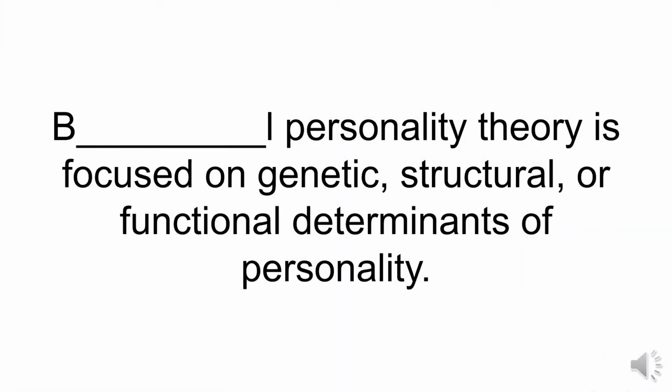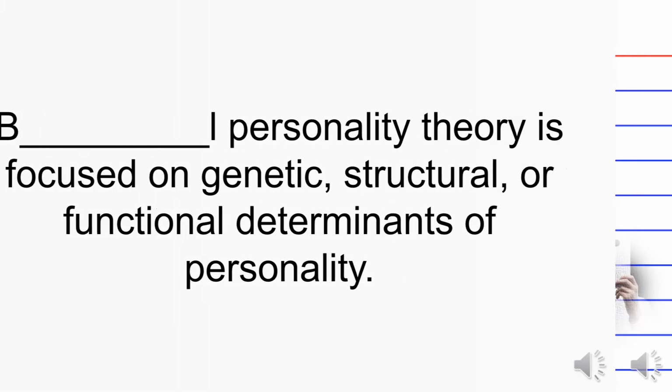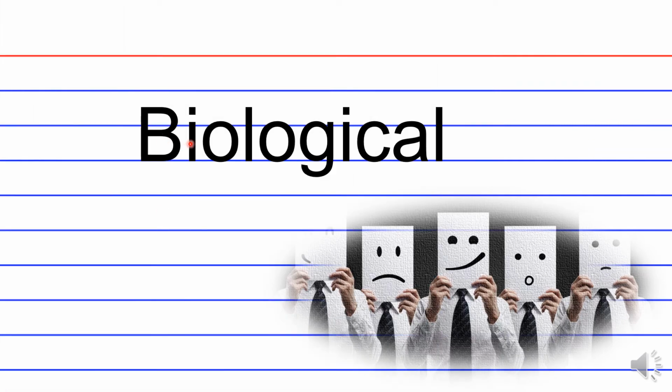B/L personality theory is focused on genetic, structural, or functional determinants of personality. So what type of personality theory focuses on genetics, structure, and functional determinants? That would be biological personality theory. So here we can have like 5 different friends.